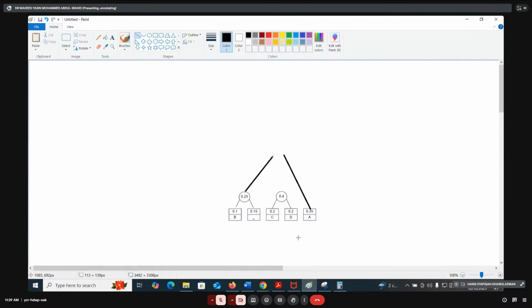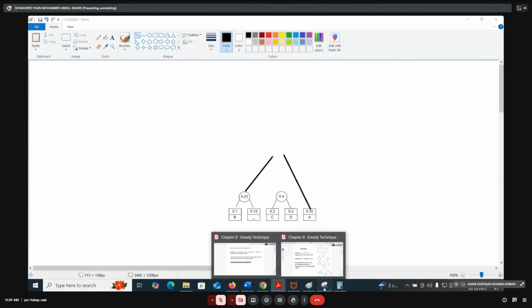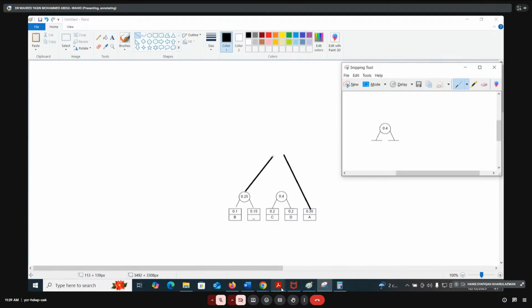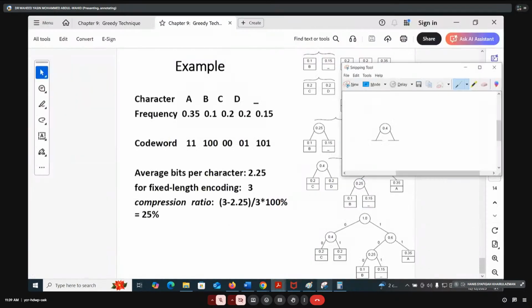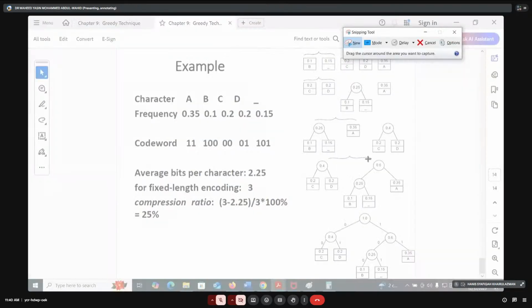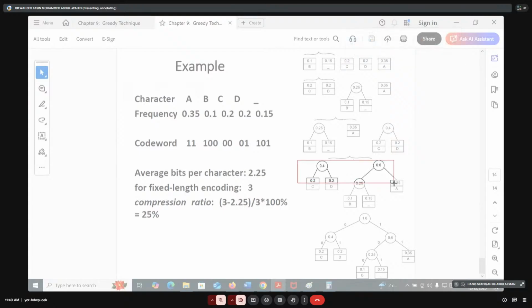I will redraw like this here. New 0.6. So here, this one. So it will be like this. 0.4, it is better like this.